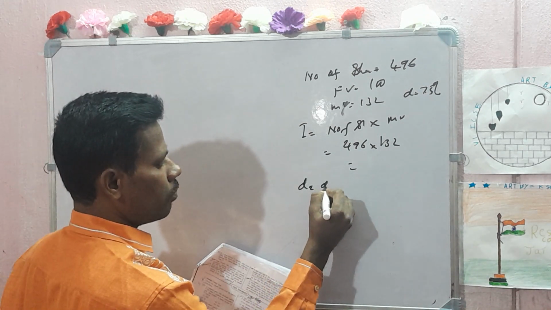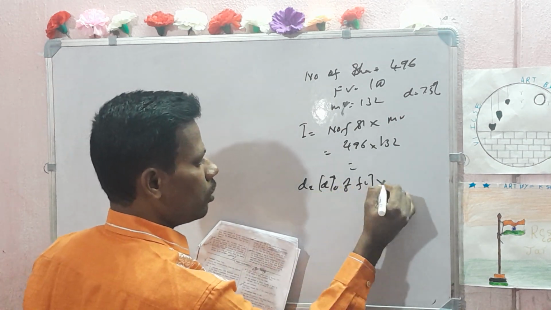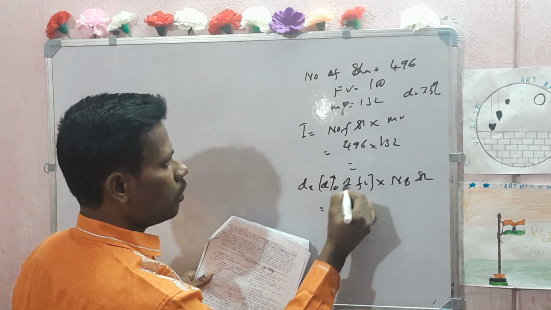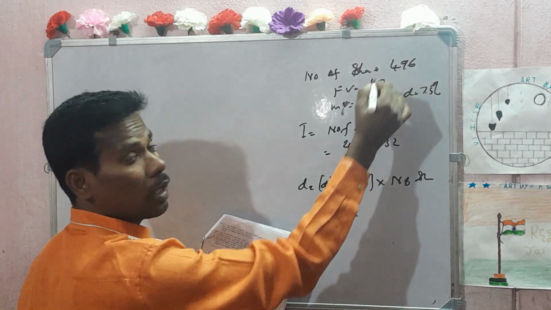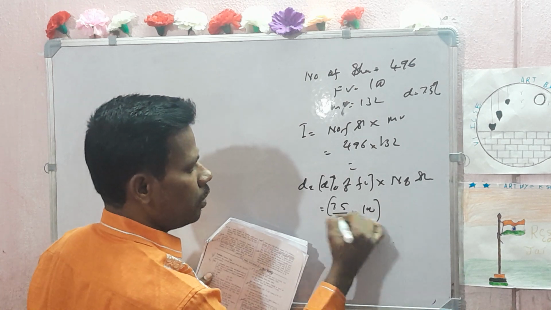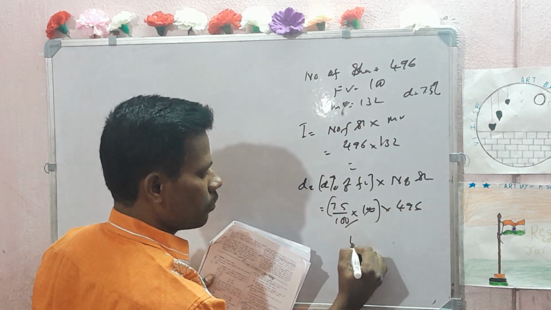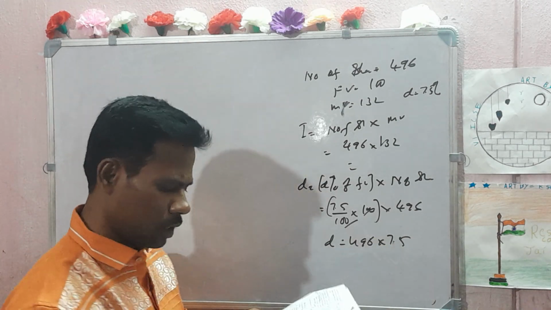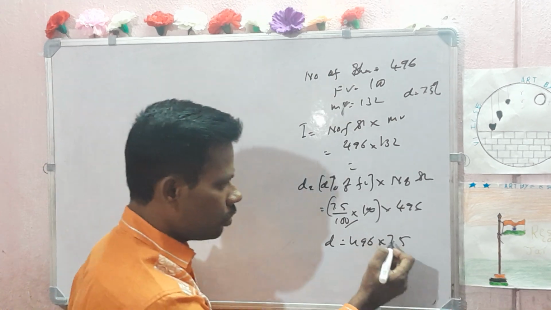Go for the formula again: dividend is percentage of face value into number of shares. Dividend percentage is 7.5 into face value 100, into number of shares, already given, 496. So 496 into 7.5, this is the dividend.